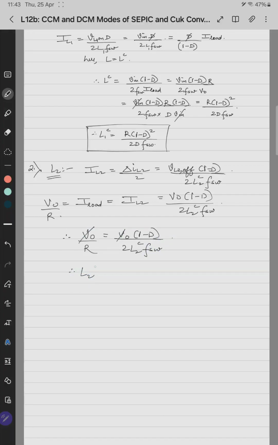Therefore L2 critical will be R into 1 minus T by 2 F switching. This is the L2 requirement.